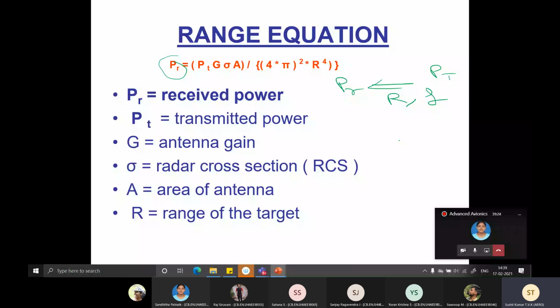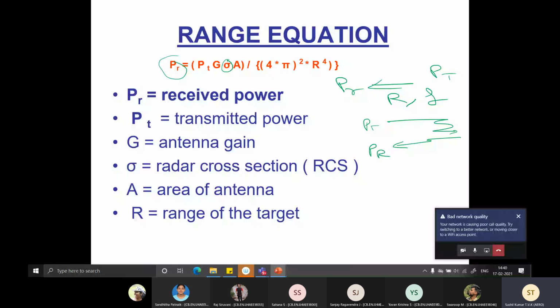This received power is given by this formula, where one additional term we are going to use is sigma, the radar cross-sectional area. It is nothing but a fictitious area which will give the same returns as if there was a rectangular plate kept perpendicular to the transmission.